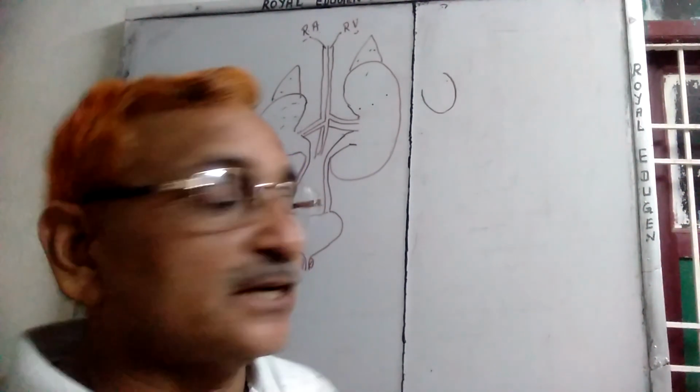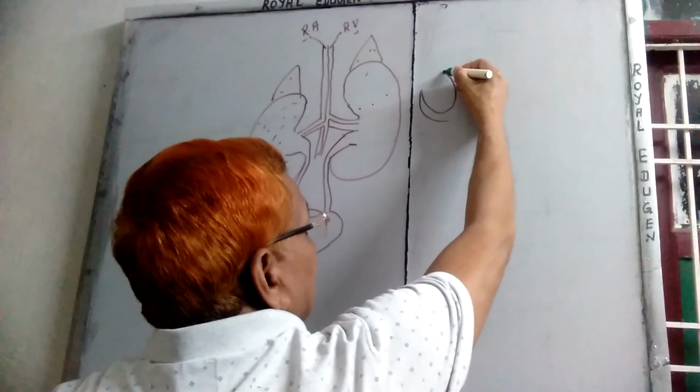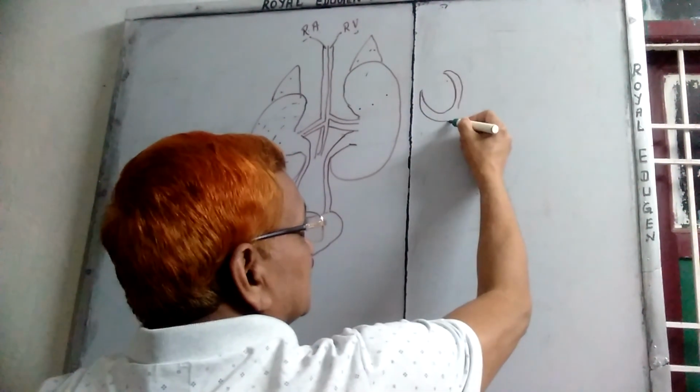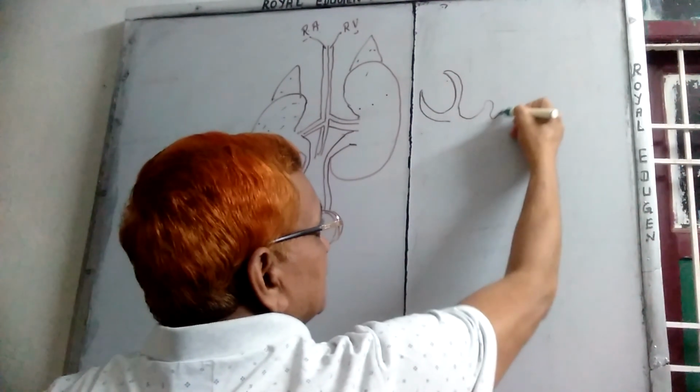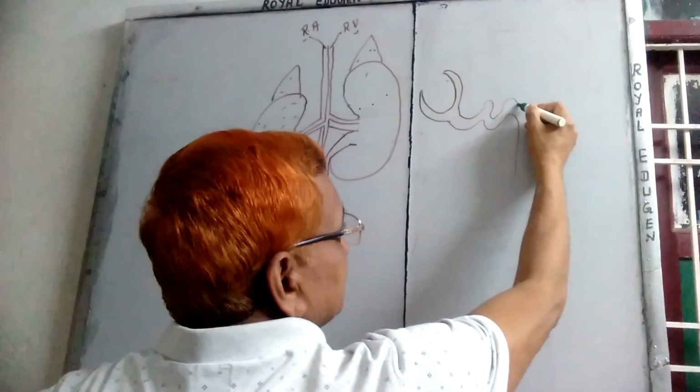How can you draw a single nephron diagram? Very easily. You make a capsule-like structure in this way, turn it upside down like this and bring it.